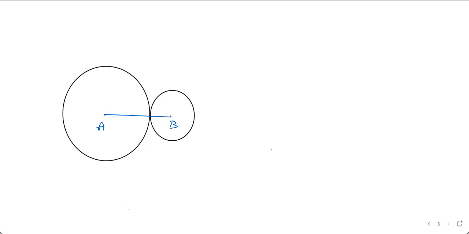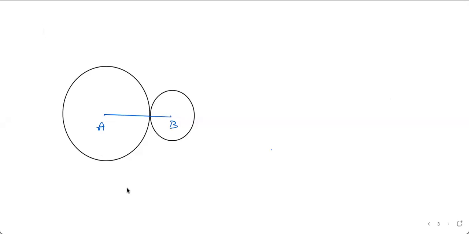If you don't remember, then a question that you need to ask yourself, why you did not remember? So if we think of touching circles, there is another situation of touching circles with the same size.